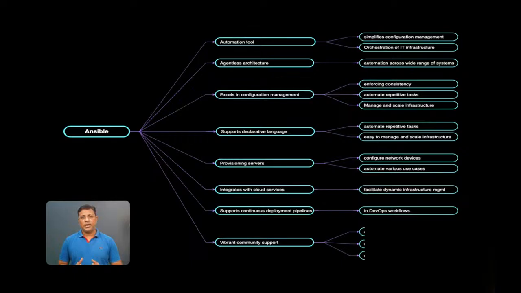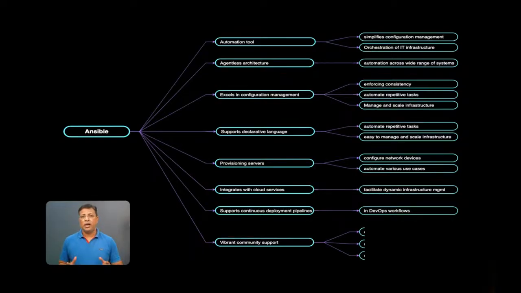Next is configuration management tool. Ansible, a powerful open source automation tool, simplifies configuration management and orchestration of IT infrastructure. Known for its agentless architecture, Ansible allows seamless automation across a wide range of systems.